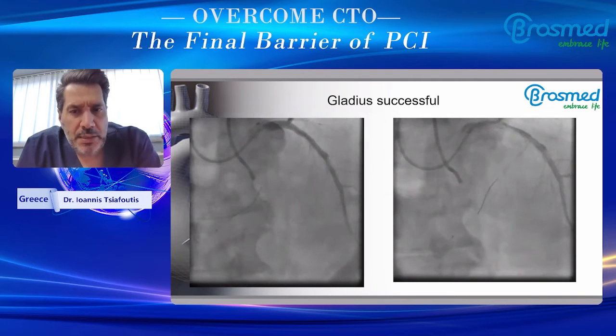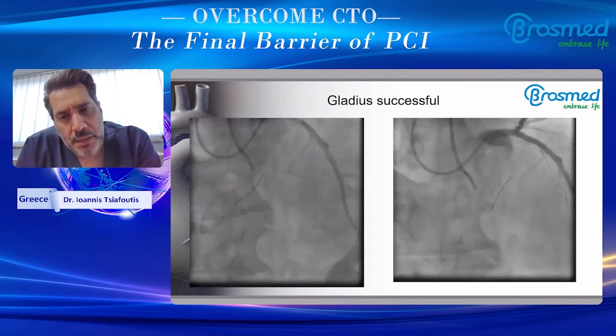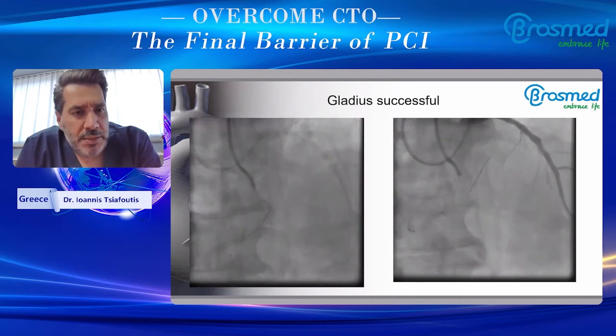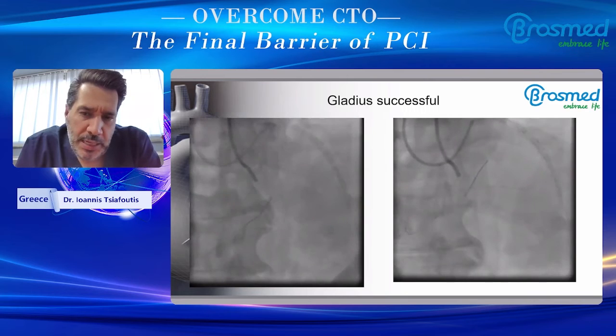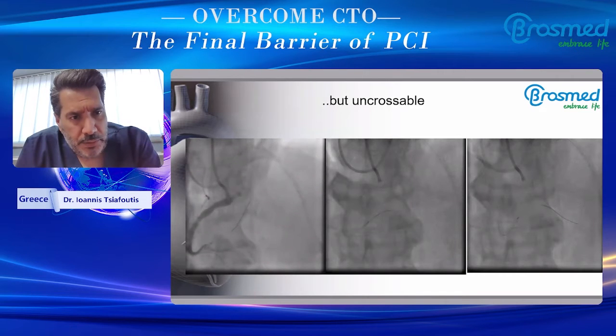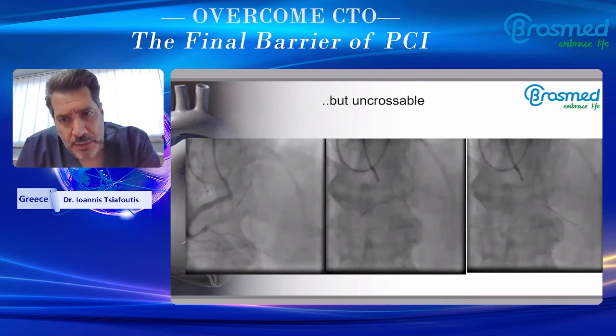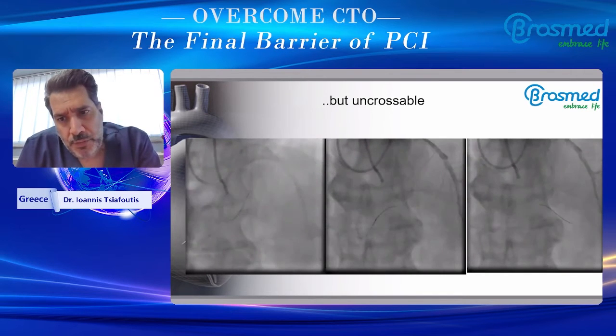But after that, we had the same problem as described in the previous cases. We could not pass a small balloon to dilate and go on. So the lesion proved uncrossable despite our different positions on the wire.